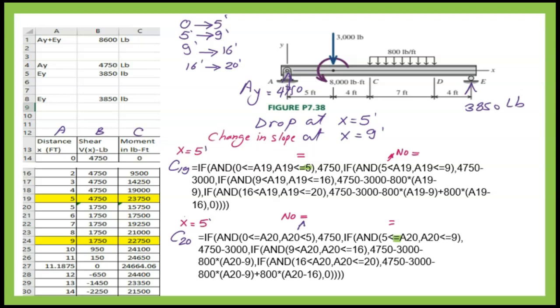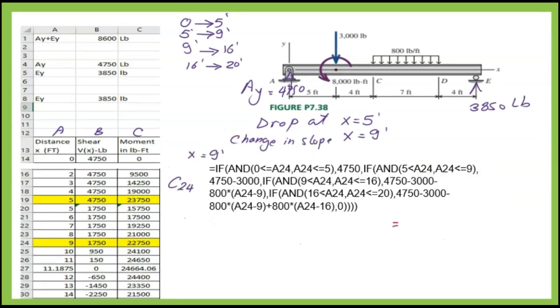We let A20 less than 5, and we put the expression of A20 bigger than or equal to 5. When we apply it in the expression, it is the same, but the only difference is that we remove the equal sign from less than 5, and we put it here for the bigger than to express the drop. We'll find that the value of the shear will be 1,750 with a drop of 3,000.